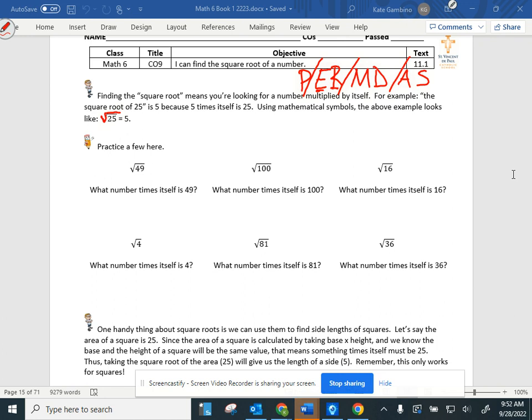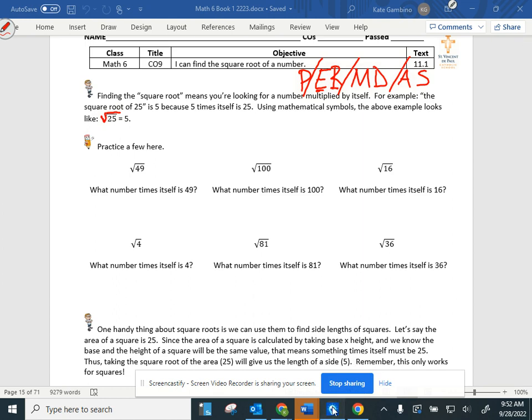Now, some of us are saying, oh, I know my multiplication facts. I am good with this. Got it. I know that 5 times 5 is 25. I can say it super fast. Some of us are saying, ooh, I know some of my multiplication facts, but not all. So here is our handy dandy guide for what to do.